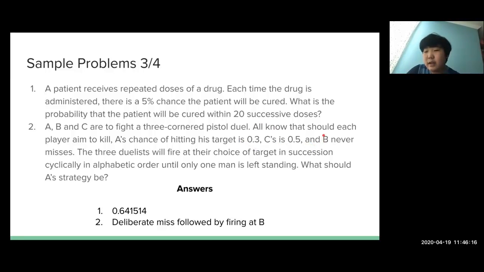And basically, given that B is going to shoot C with 100% accuracy, C is going to die, and then A has the chance of duking it out with B.